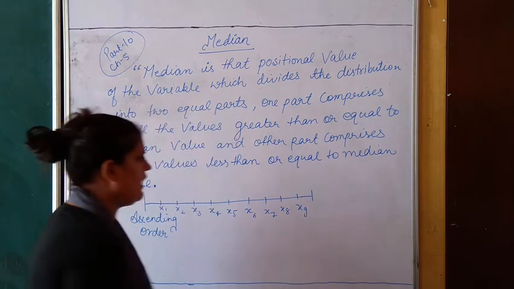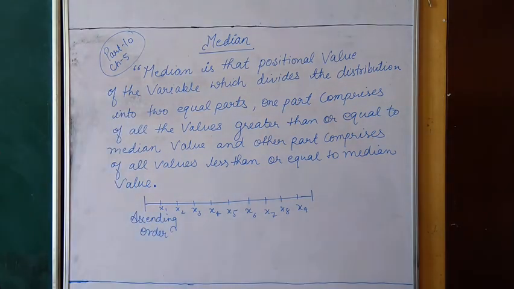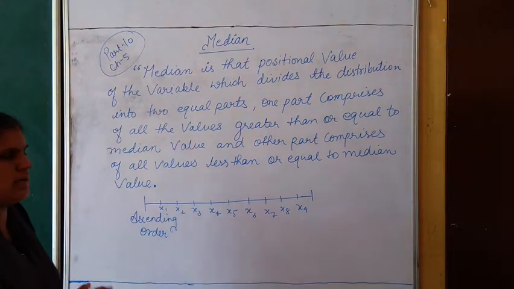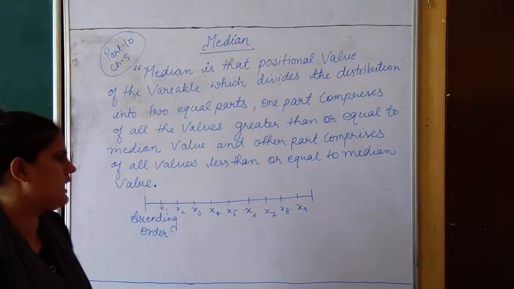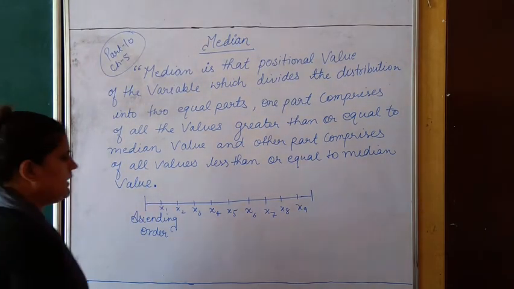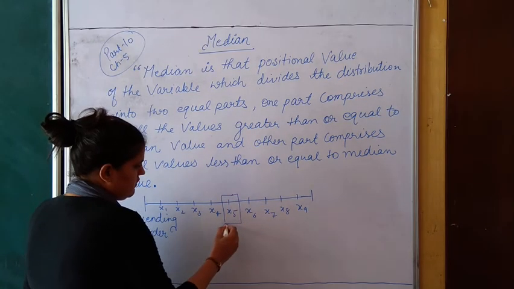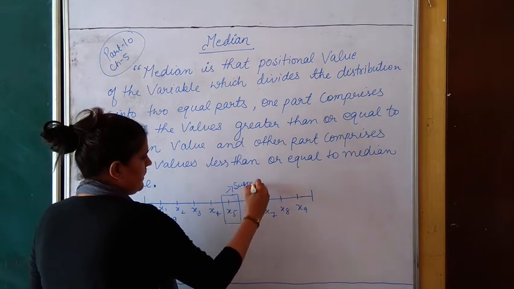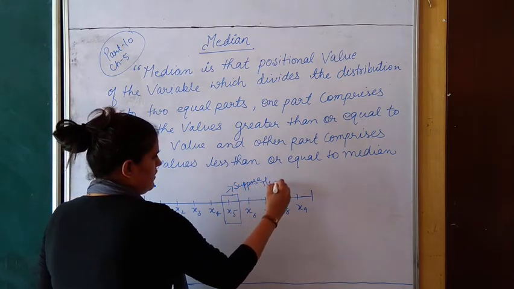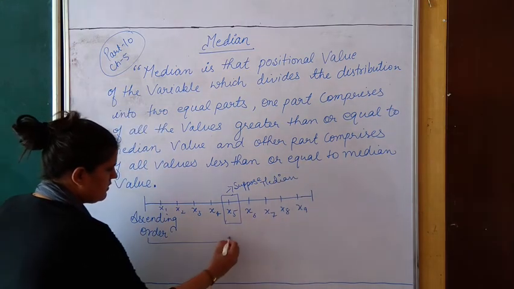Clear children? I am supposing that these are the values of a data, that in the data 9 values are given and those 9 values I have arranged here in ascending order, and this one is median.